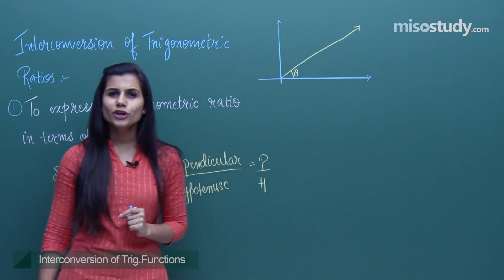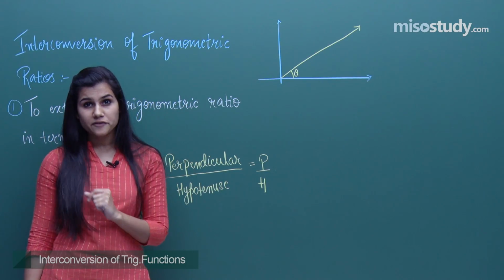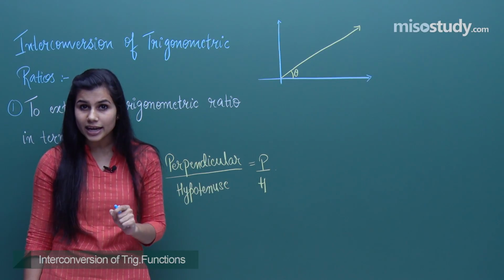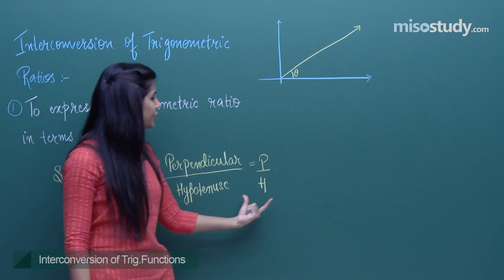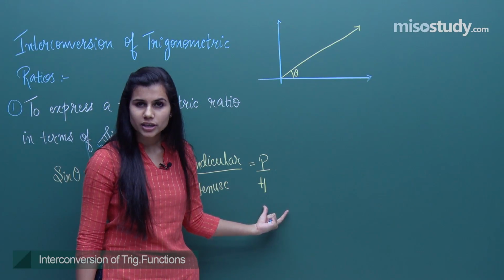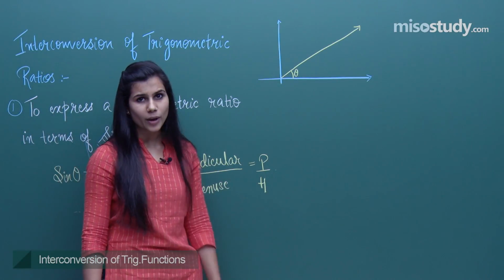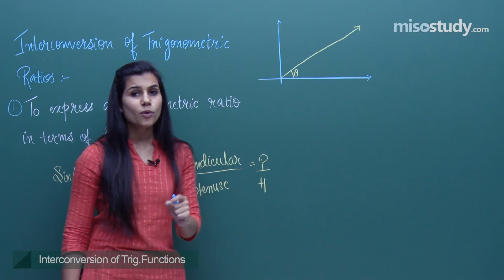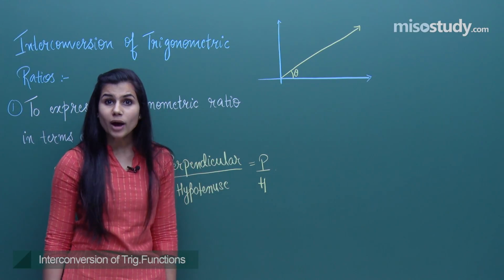But here I am going to do a certain smart manipulation. In order to express every trigonometric ratio in terms of sine, I am doing that. What is it? Over here, I know sine theta is P by H. I don't want my sine theta to come as a fractional value. In fact, I want it to come as an integral value with denominator 1.